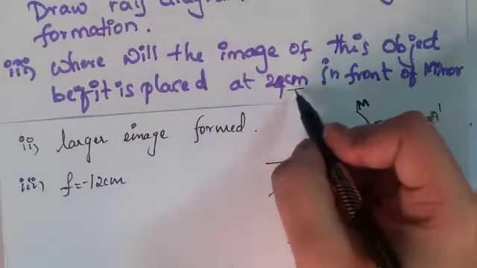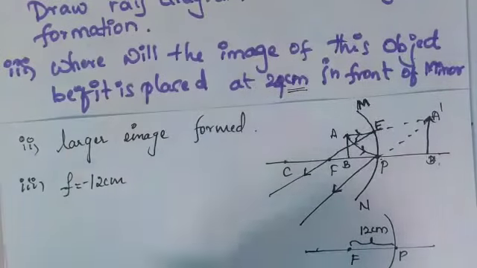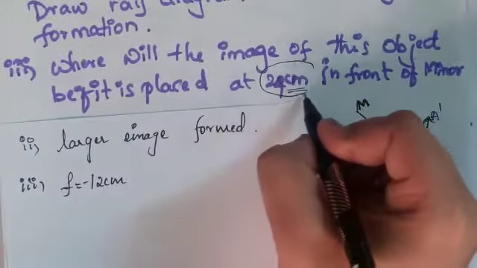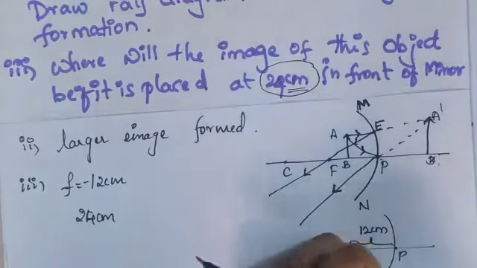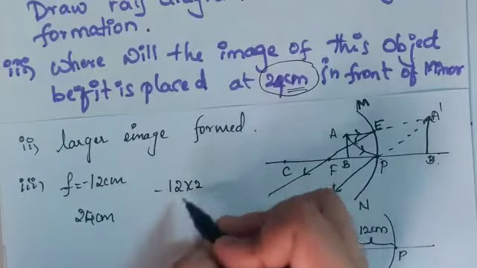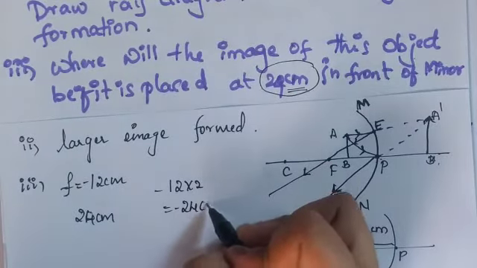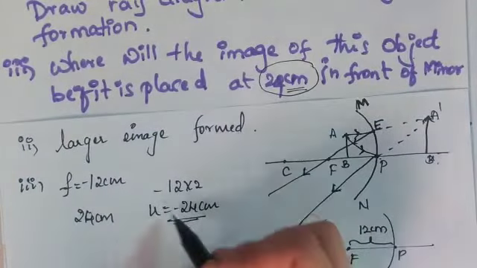Now you have to understand what this 24 centimeter is. The clue here is that 24 centimeter is double 12 centimeter. That means 12 into 2 gives minus 24 centimeter. That is the u value, minus 24 centimeter, because it is negative.